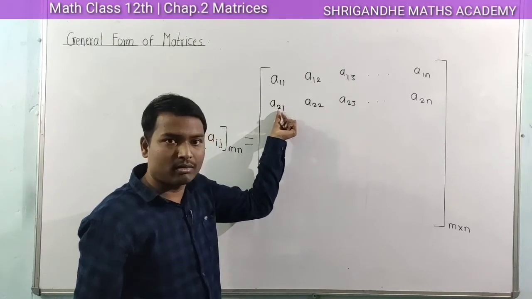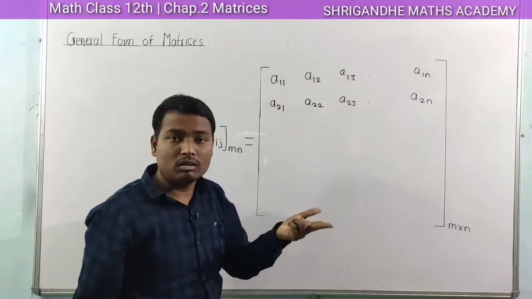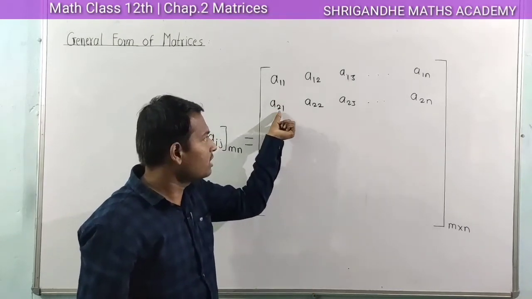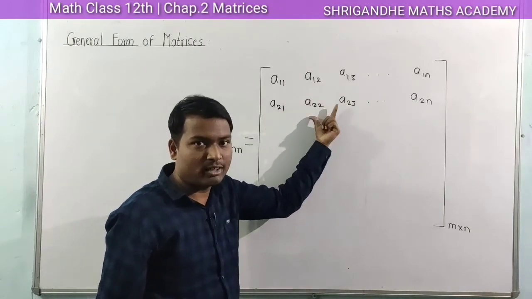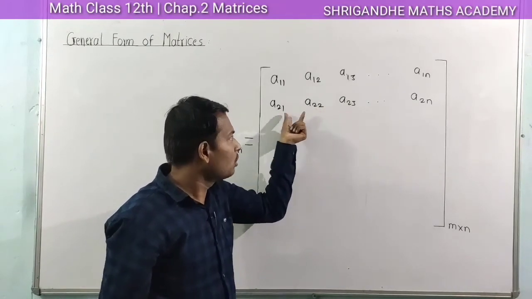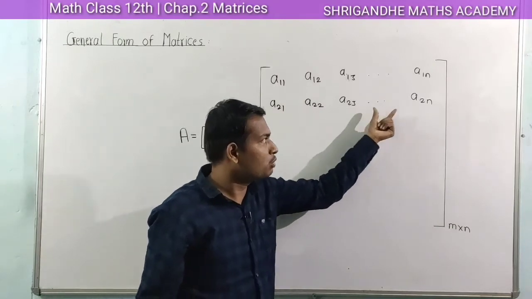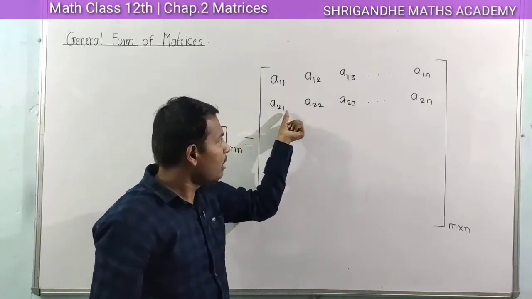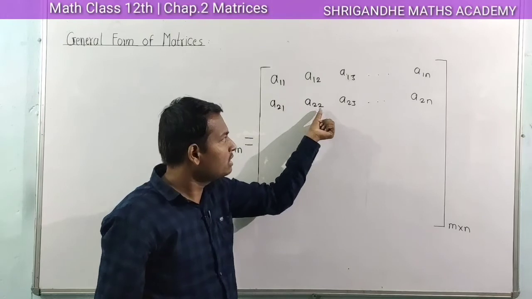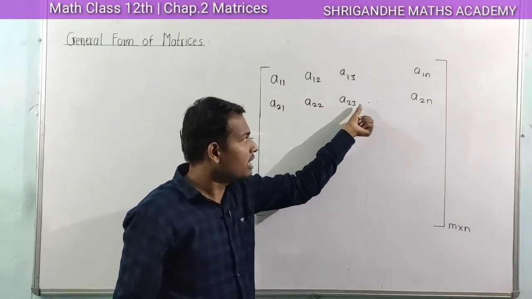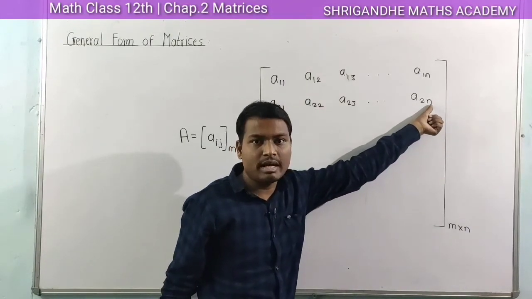Therefore the value of i, which denotes the number of the row, is constant. That is, 2 is constant because it is the second row. But the columns are changing: first column, second column, third column up to the nth column. Therefore the column value, that is the j value, changes 1, 2, 3 up to n. The last is the nth column.